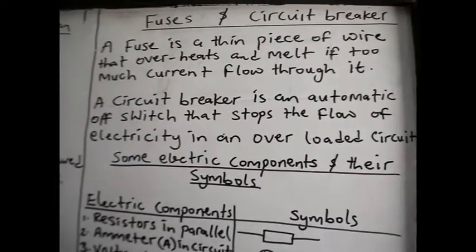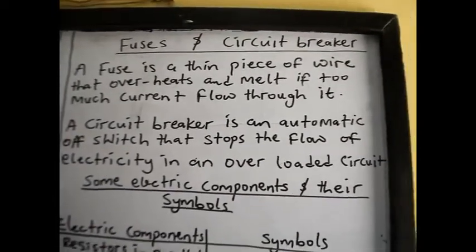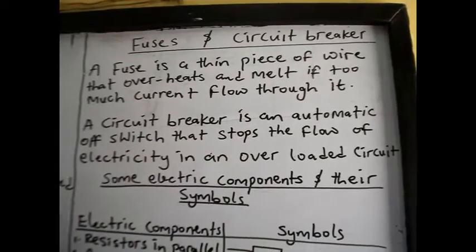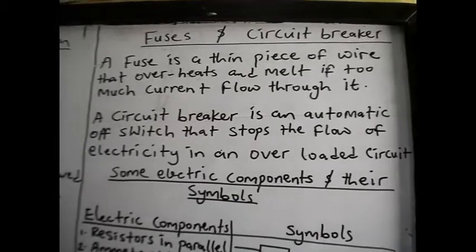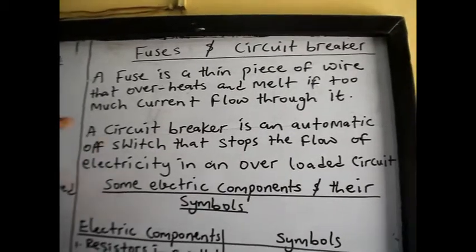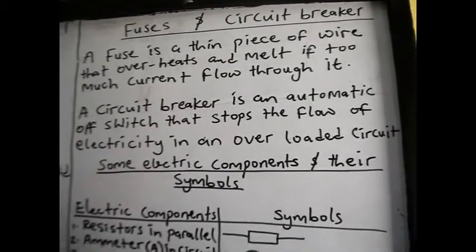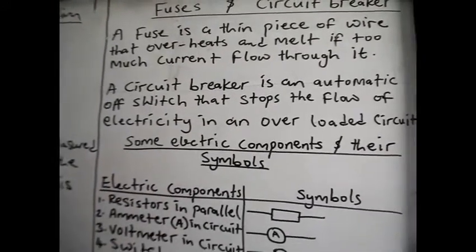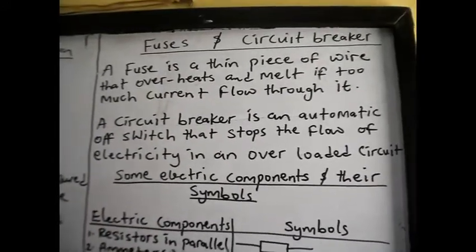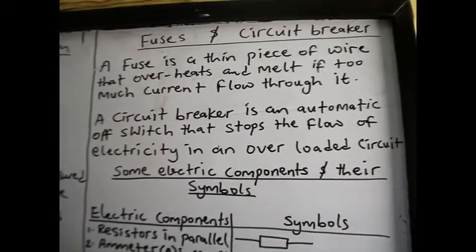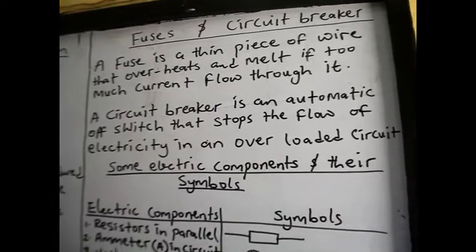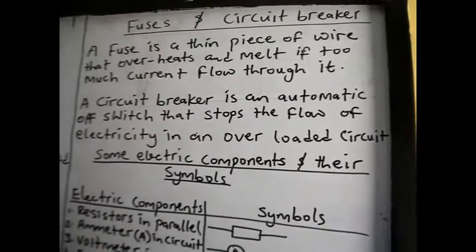Now, apart from the fuse, there's what we call a circuit breaker. A circuit breaker is an automatic off switch that stops the flow of electricity in an overloaded circuit. There are times when we have thunder strikes, and the whole electricity in the house goes off, and you begin to wonder what happened.